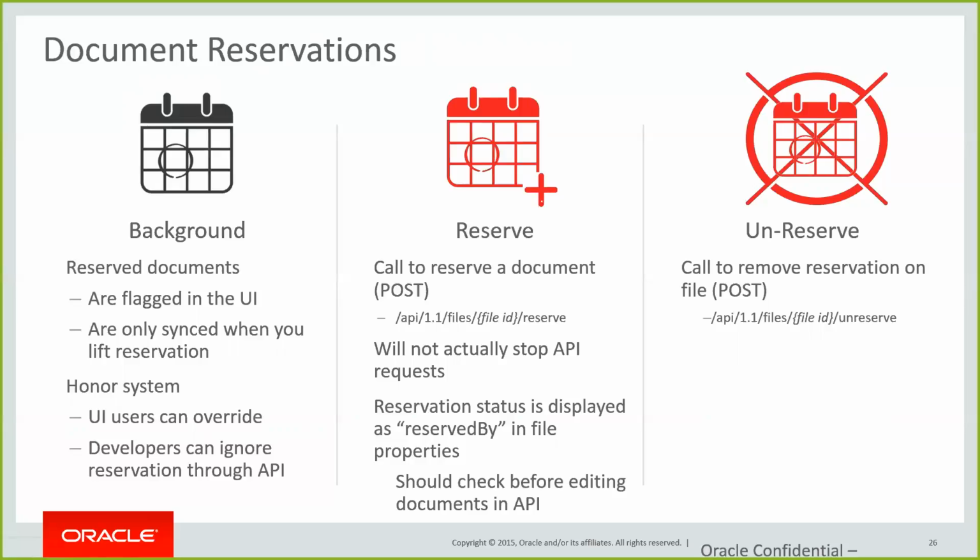So we can reserve a document, or we can unreserve a document. The API URL must contain the unique ID of the file that we want to reserve or unreserve. So this is the URL for the REST call.